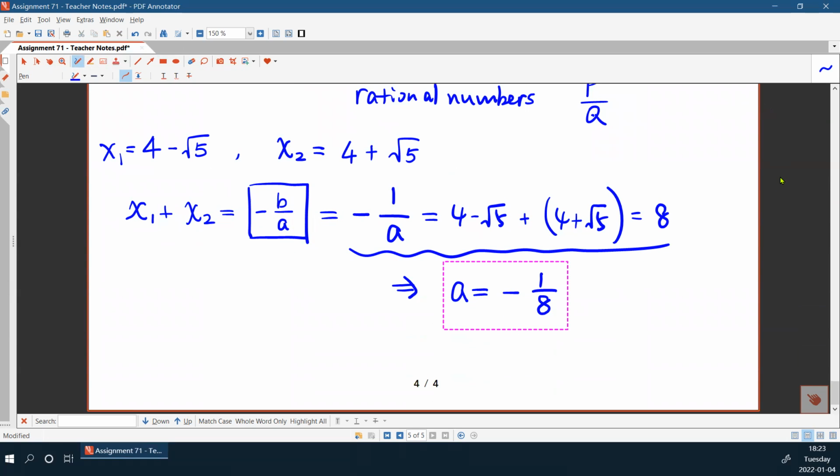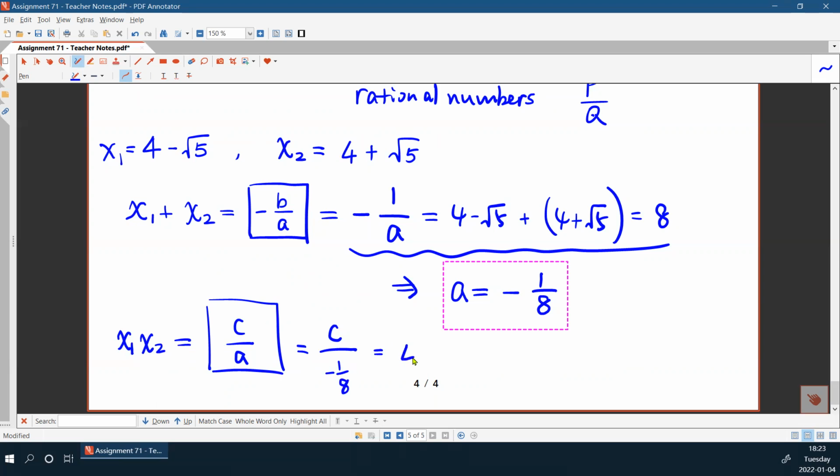Okay. And in order to solve c, we can use this conclusion, right? The product of x1 and x2 should equal, can you tell me what it is? c over a, right? Okay, c is unknown, so just keep c there. And a has been solved to be negative 1 over 8.